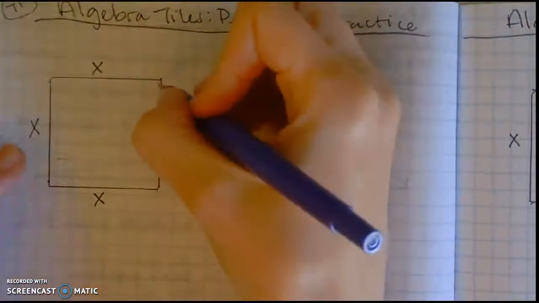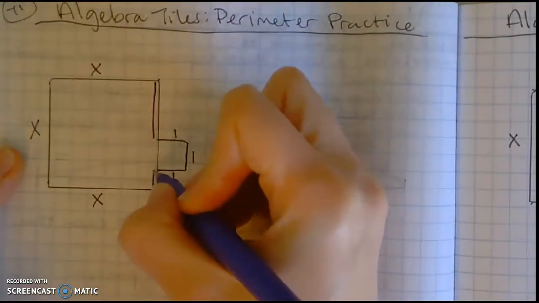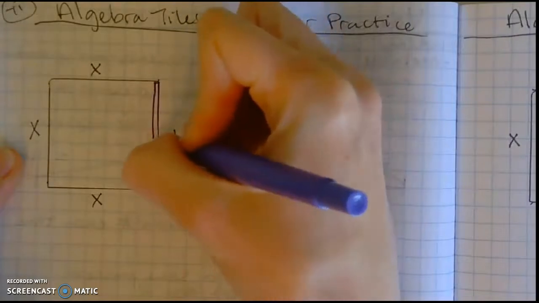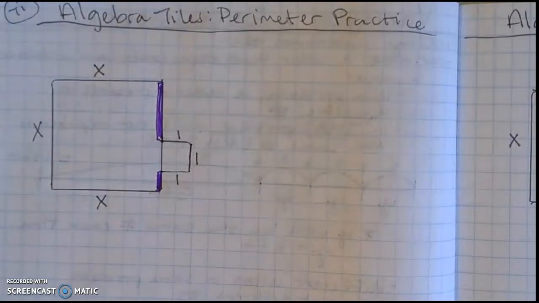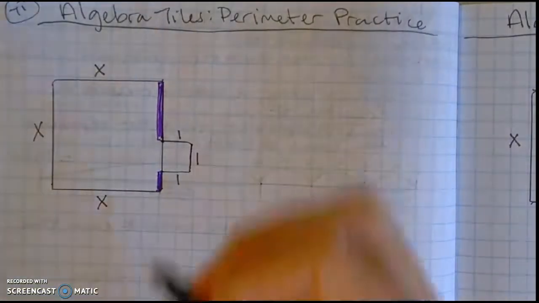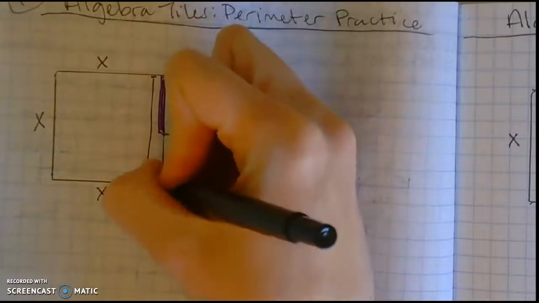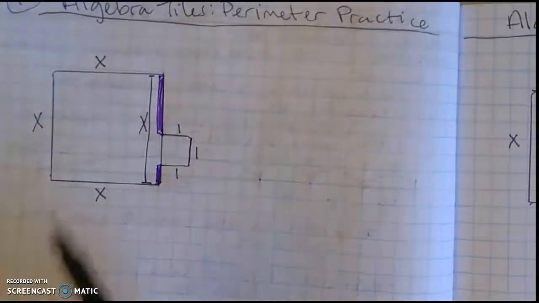So I need to figure out the length of this and this right here. Okay. So what is the length of this part and this part? Well, the easiest way to do that is I know that the length of all of this is X because of the law of squares, okay?